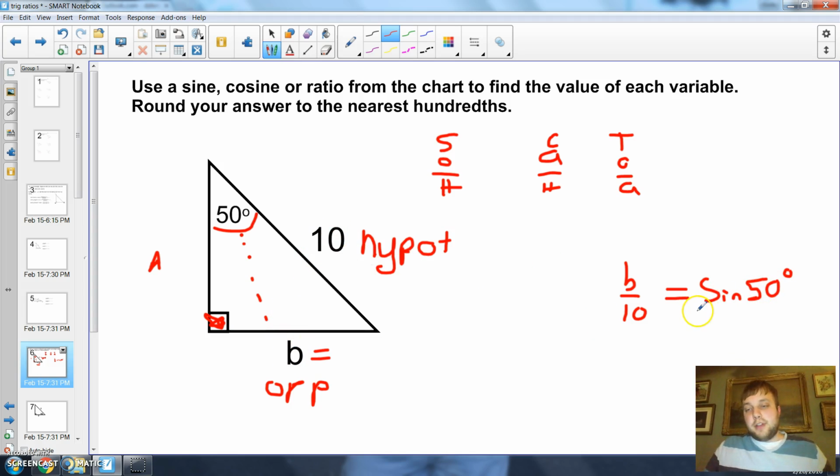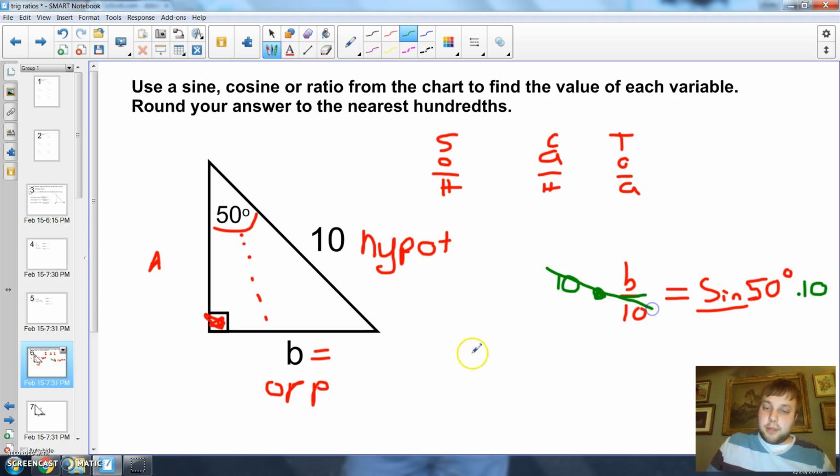Remember, we picked sine because we have an opposite and a hypotenuse. Now I need to get b all by itself. Hopefully you say, hey, listen, I'm dividing by 10, so if I multiply by 10, that'll get rid of it. So I have to multiply by 10 on both sides. This will cancel, and I'm left with b equals sine of 50 degrees times 10.